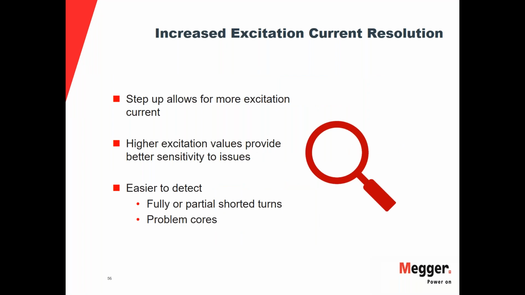So what does increased excitation current do for us? Well, if we're doing a step up mode, or from low to high, this is allowing obviously for more excitation current. When you have more excitation current and more flux and better magnetic coupling, you are able to use that information because you have much more sensitivity, which allows you to detect fully or partial shorted turns and even some core problems.